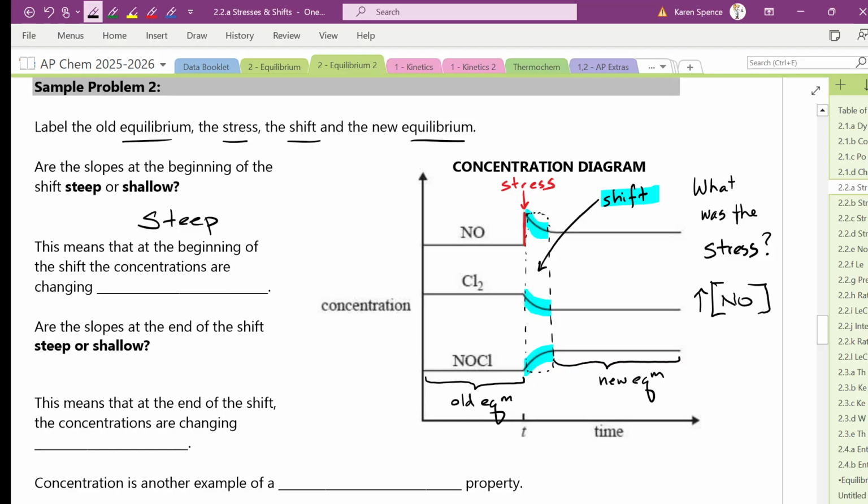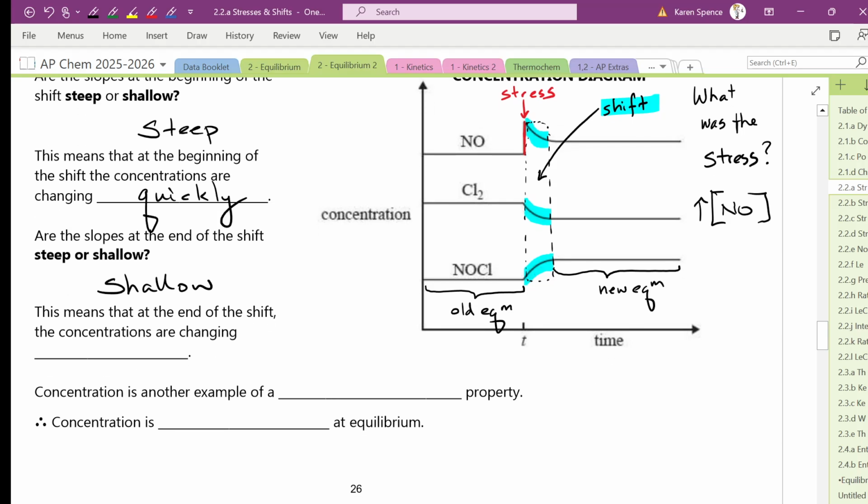This means at the beginning of the shift, the concentrations are changing quickly or fast. Are the slopes at the end of the shift steep or shallow? Shallow. And that means that the concentrations at the end of the shift are changing slowly until eventually they don't change at all. Okay, and that's when they flatten out.